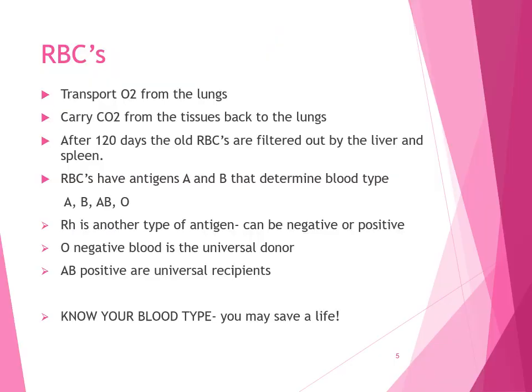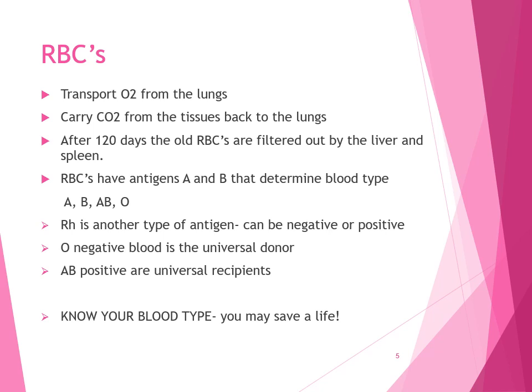All right. Our red blood cells transport oxygen from the lungs, carrying carbon dioxide from the tissues back to the lungs. They last about 120 days, and then they're filtered out by the liver and spleen. Red blood cells also have antigens A and B, and that helps determine your blood type.